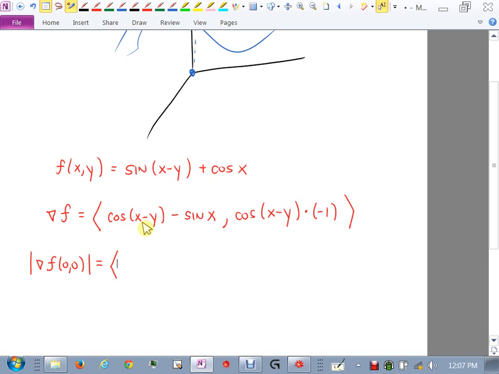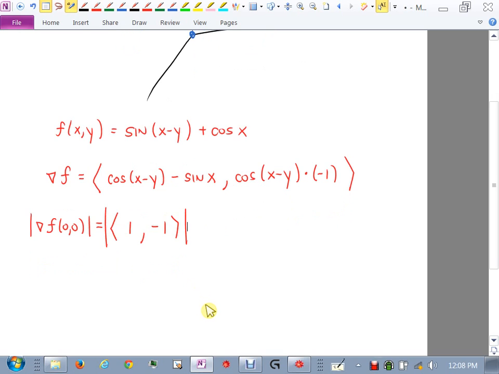So what's cosine of 0? 1. Minus what's sine of 0? 0. All right, what's cosine of 0? 1, and then times negative 1, so negative 1. I need the magnitude of that vector. What's the magnitude of that vector? Square root of 2.